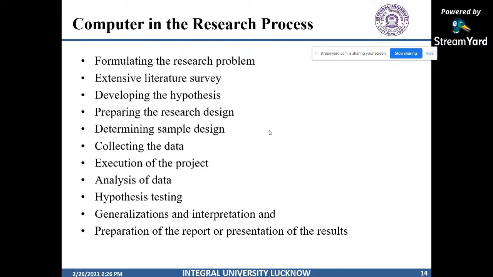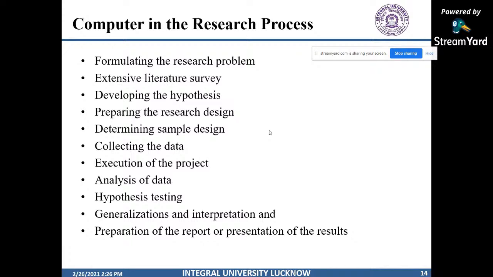So when we start research, we move step by step, and some steps are written here on the screen.